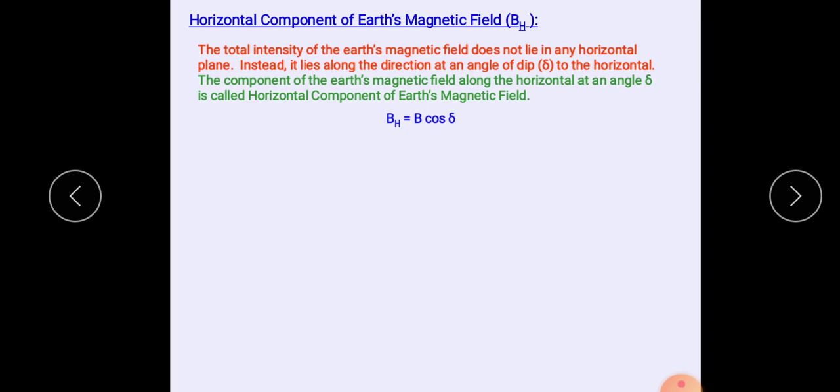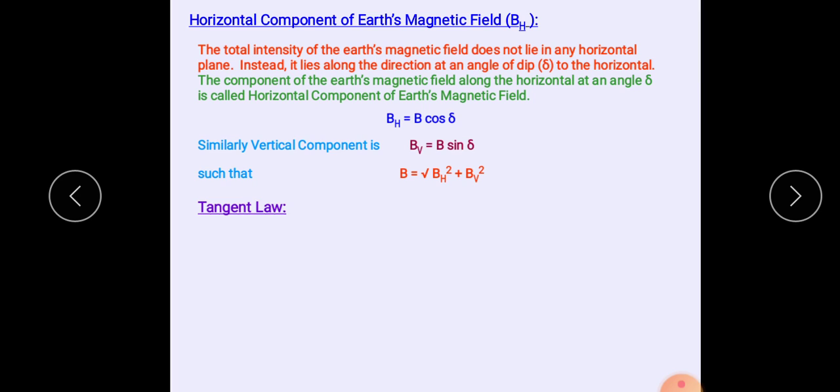In the previous diagram it was there. Similarly, the vertical component will be BV equals B sin delta, such that when the squares of BH and BV are added and the square root is found, it becomes B, the strength of the magnetic field at that place. B is the square root of BH squared plus BV squared.